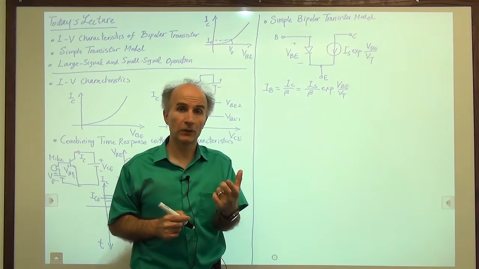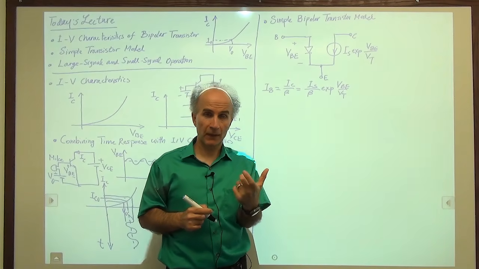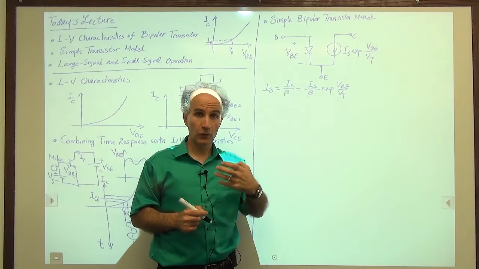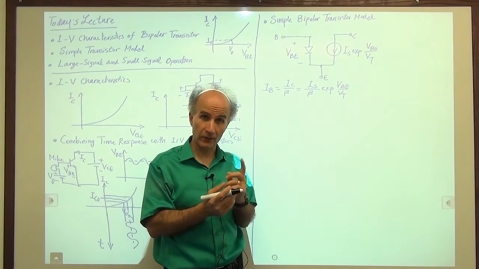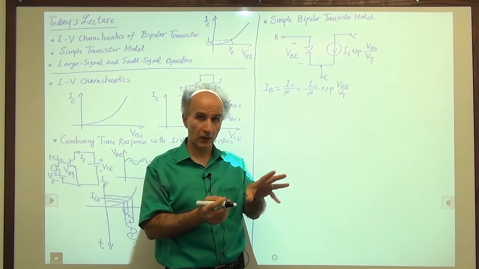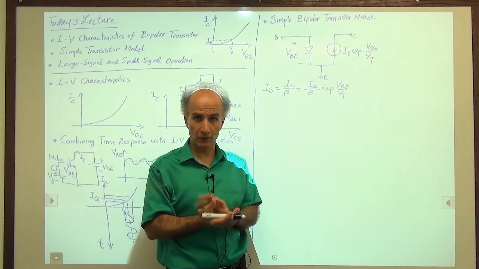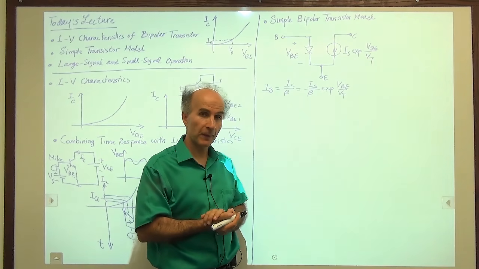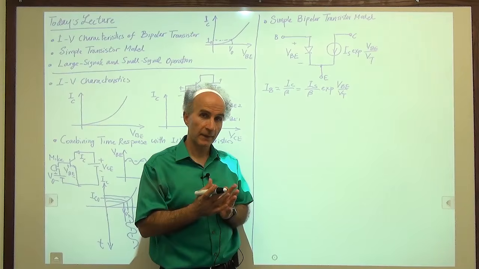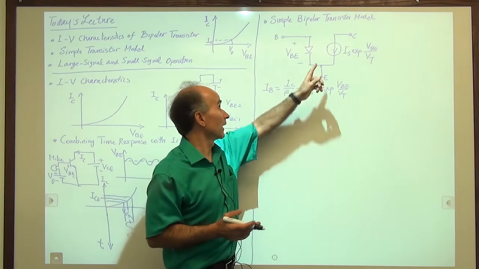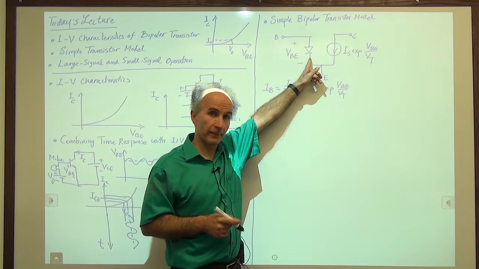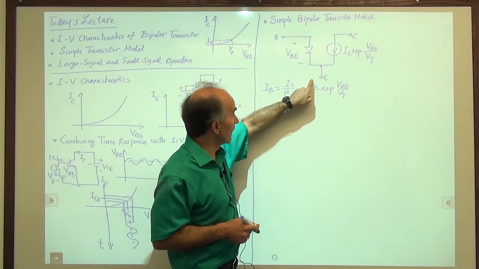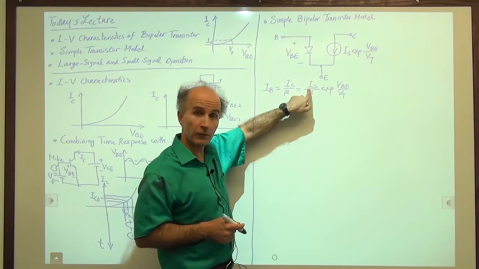Now when you buy a diode, what specification do you need to be able to calculate everything using that diode? We need IS, right? For diodes we had IS times exp of VD over VT. So I have to specify the reverse saturation current of this diode. How much is the IS of this diode? Well, it's this much, right? Because that's the equation for a diode.